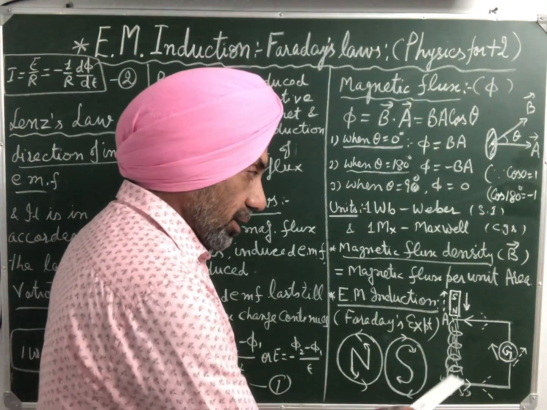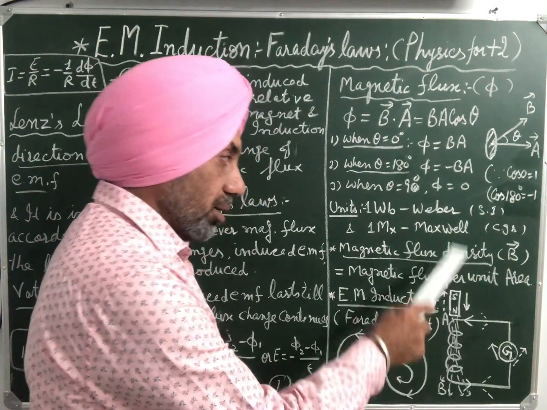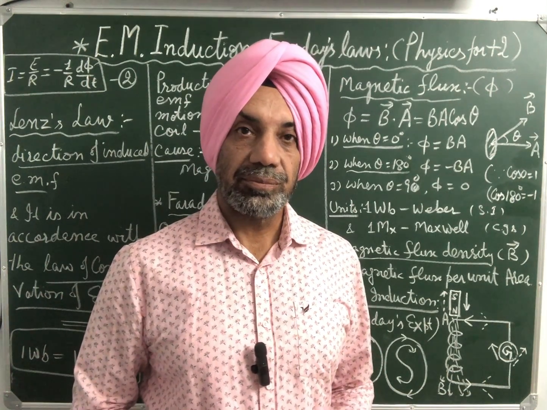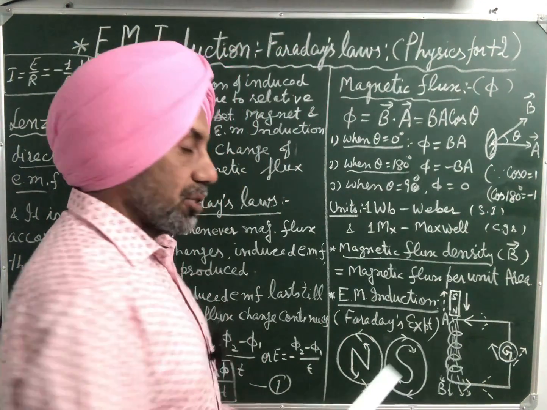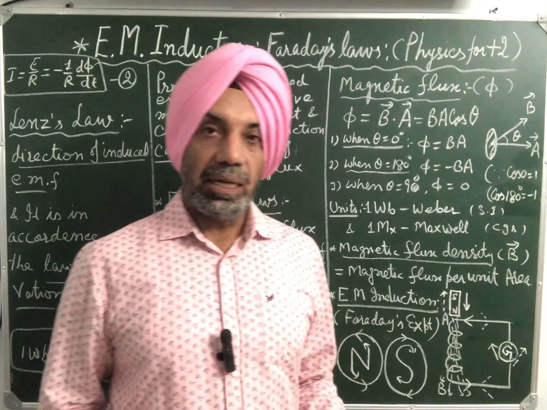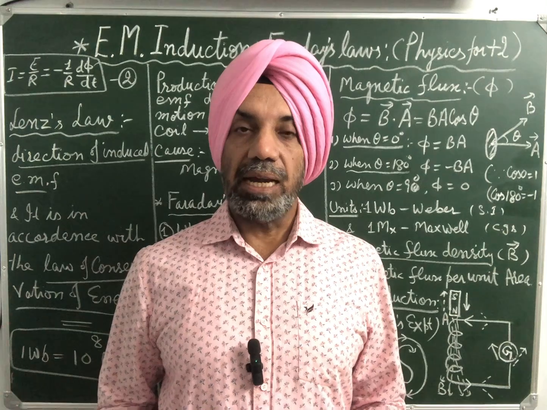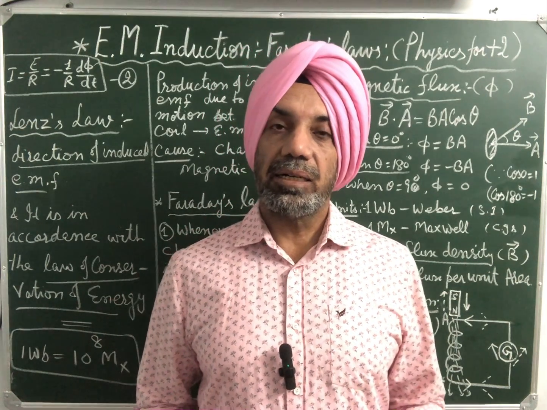It is immaterial whether the coil is moved or the magnet is moved. There should be relative motion. But when both are at rest, there is no deflection. It means induced EMF is produced only when there is relative motion between the magnet and the coil.